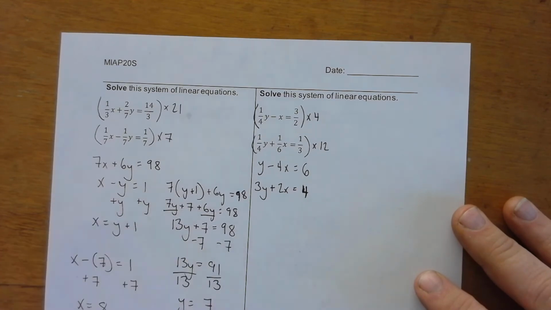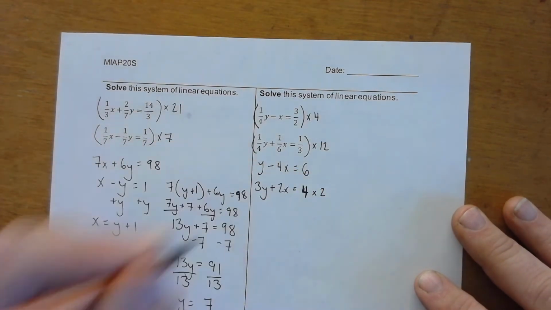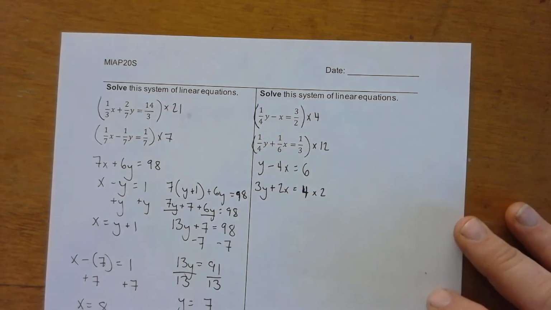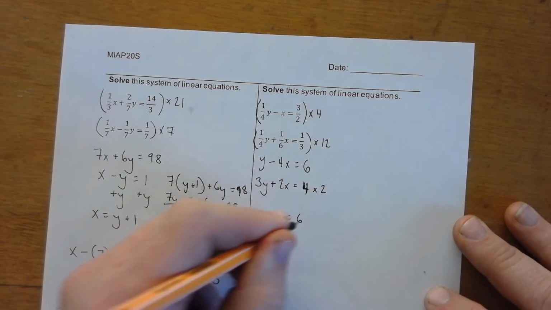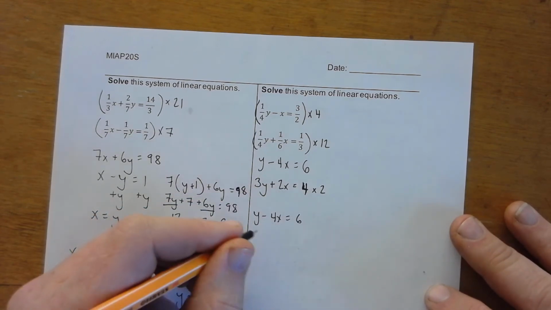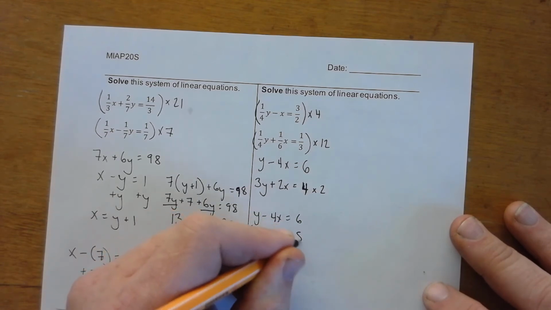I'm going to do this one using the elimination method. I'm going to multiply that second equation again by 2. So my two equations are going to be y take away 4x equals 6, and then this second equation becomes 6y plus 4x equals 8.